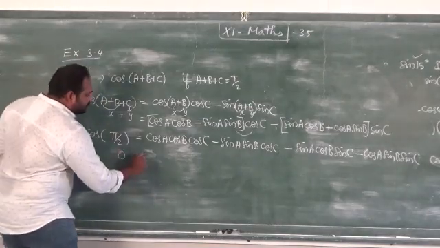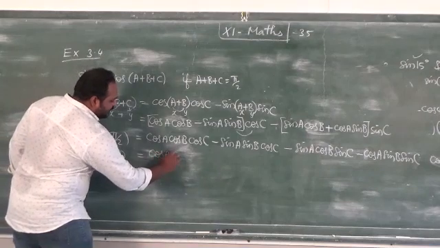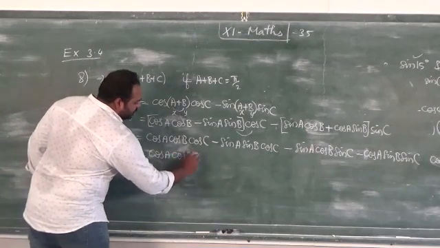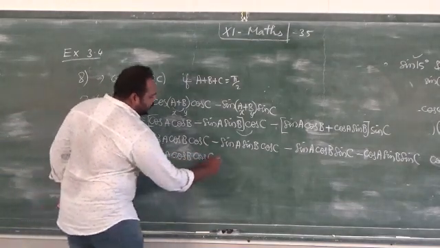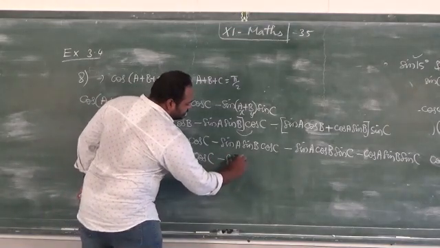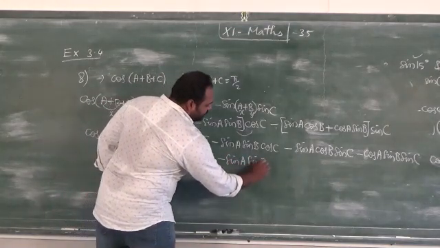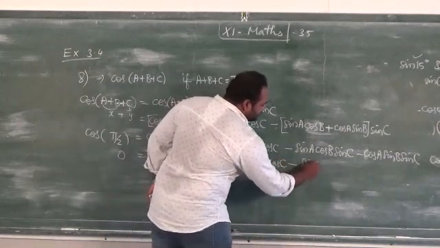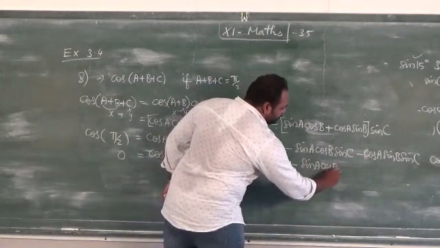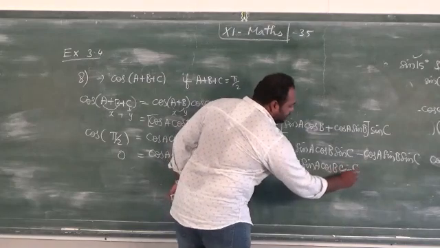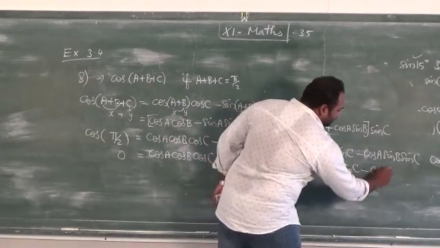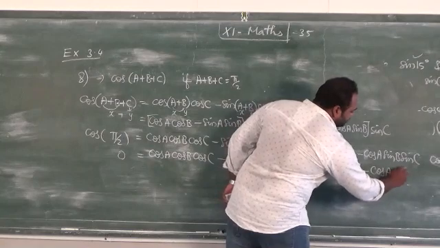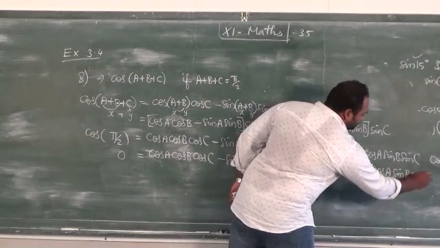So 0 equals cos a cos b cos c minus sin a sin b cos c minus sin a cos b sin c minus cos a sin b sin c.